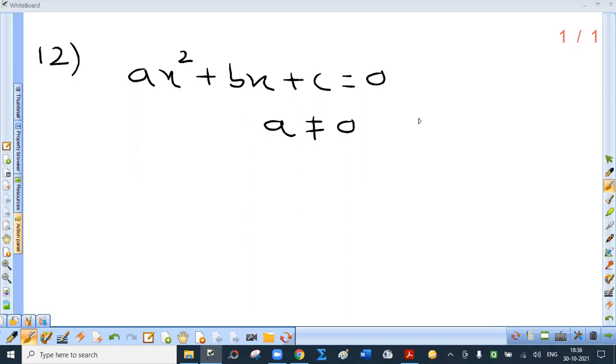As repetition is allowed, B and C can be chosen in 4 ways each.